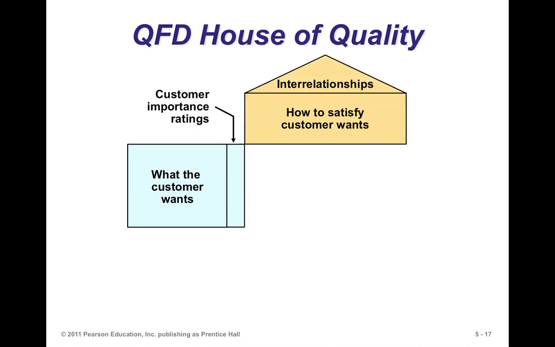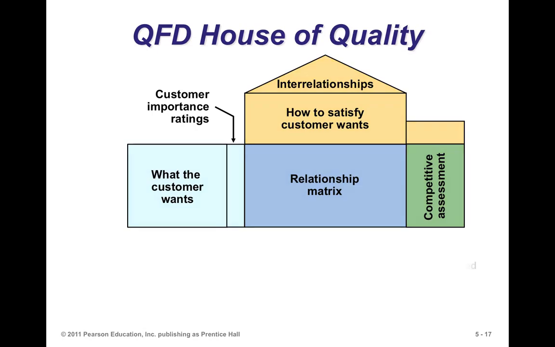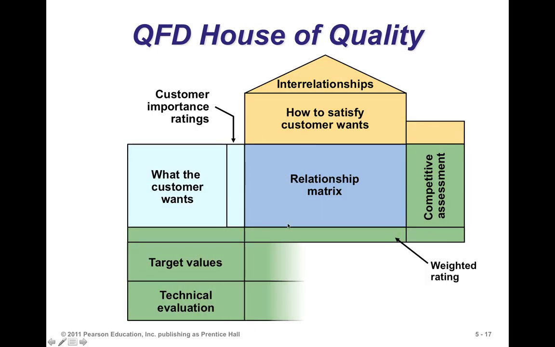So here's what the house of quality begins to look like. Quality function deployment, house of quality. This is the basic construct, and it's just a nice visual representation of the things we're talking about. Here's what customers want. We could rate those wants and rank them if we wish. Here's how we will achieve the wants, and then we could specify some target values for the hows, and then do some technical evaluation of those hows.